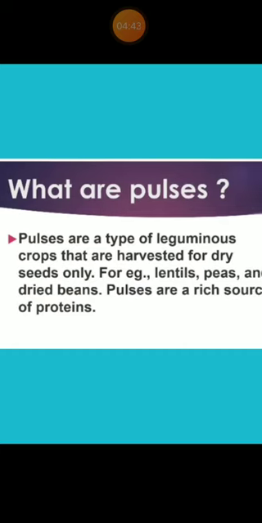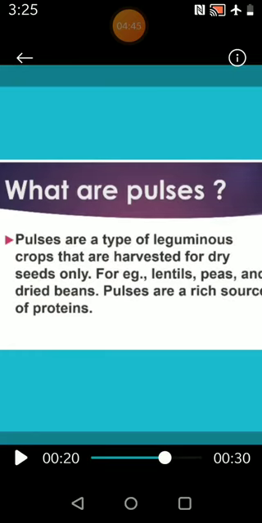So pulses are a rich source of protein. When you eat proteins, you grow healthy and big. So the seeds which you directly get from the plant and use for cooking are called pulses. Examples of pulses are the chickpeas, the channa, the lentils, the dal.